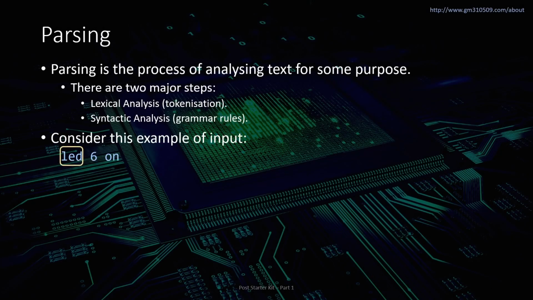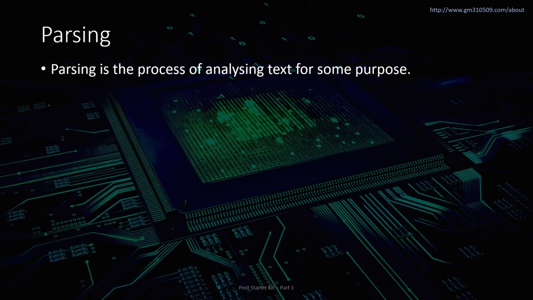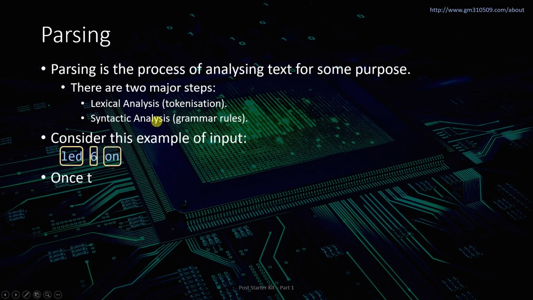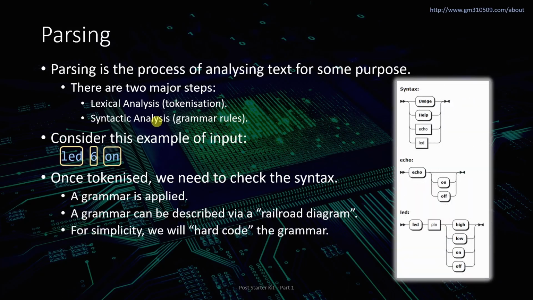Okay, so just quickly go back to the theory. So what we've done is we've done the lexical analysis and we've picked out our tokens. So the next thing we need to do is to take those tokens and perform the syntactic analysis, or the grammar rules. And so essentially that's applying this diagram over here.